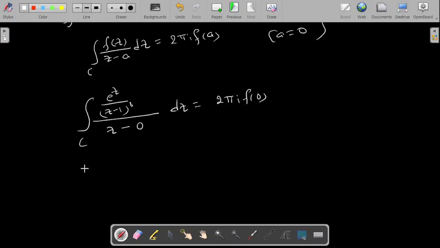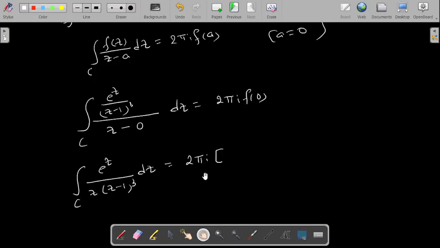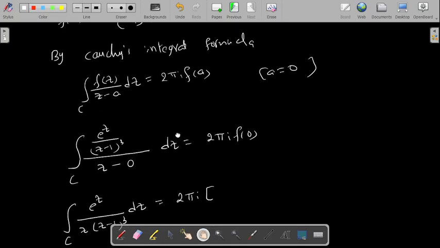The denominator comes back as it is: integral of e power z by z into (z minus 1) whole cube dz equals 2 pi I into f of 0. What is f of 0? Minus 1.